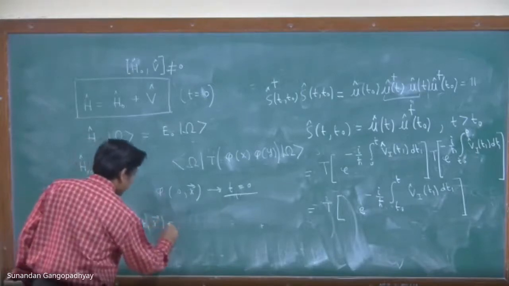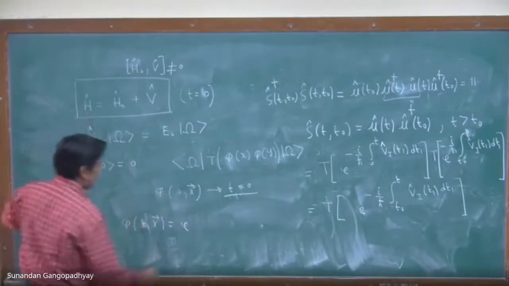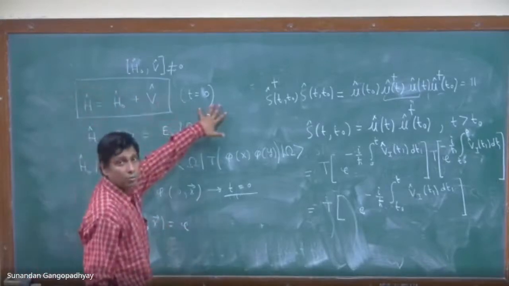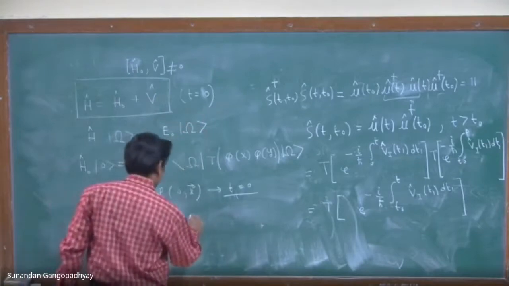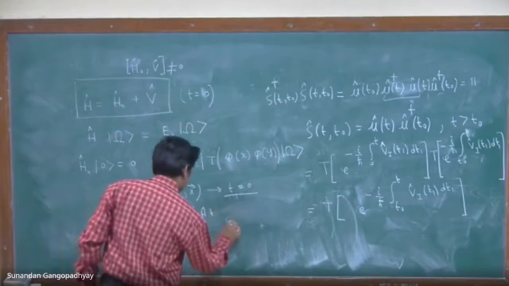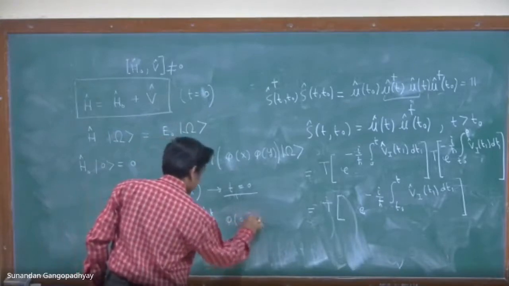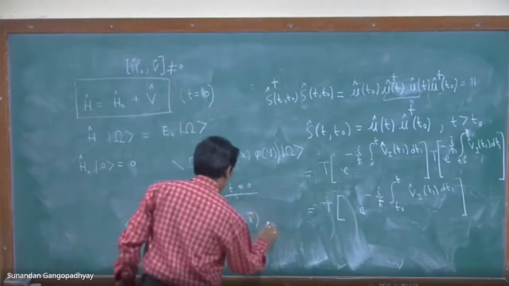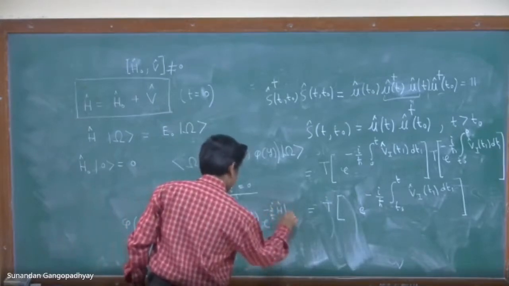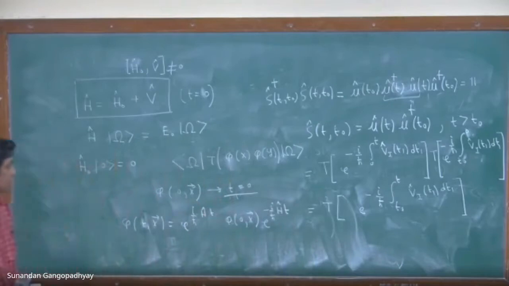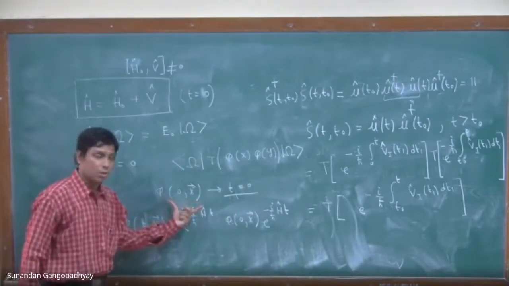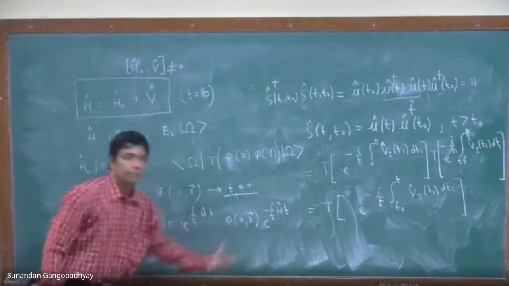It will evolve via the full Hamiltonian, which is time independent because this is defined at time t equal to 0. In the Heisenberg picture, this field configuration at time t equal to 0 evolves in this way via the full Hamiltonian H hat.